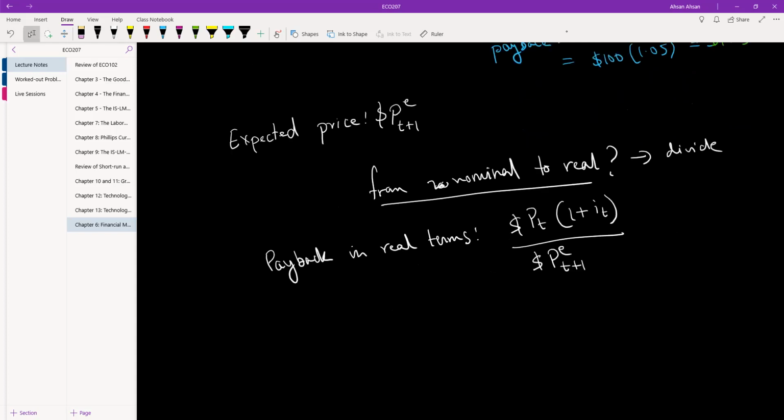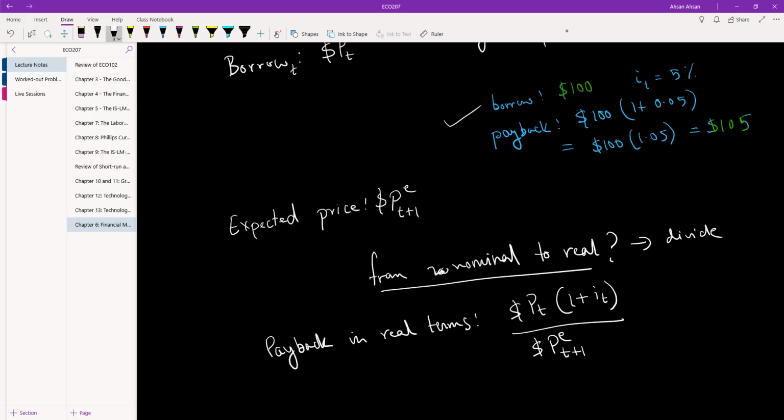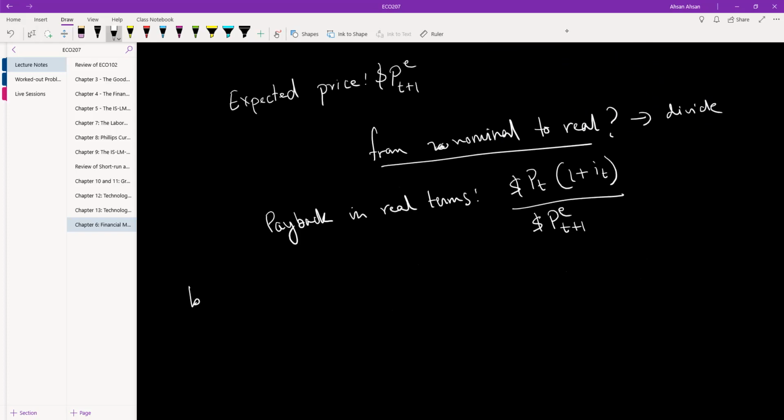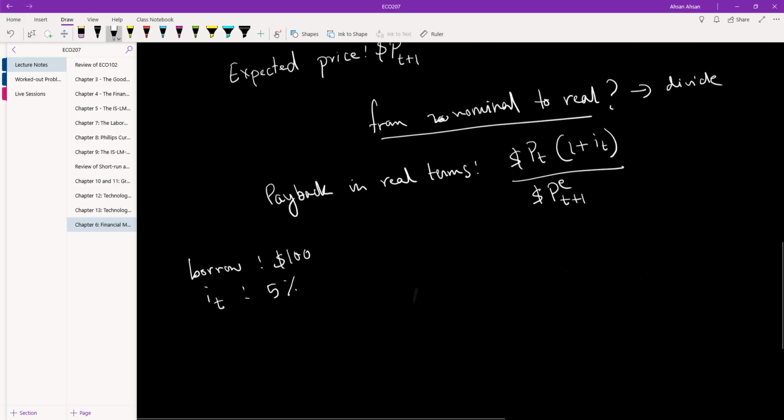Let me explain this a bit more with examples. So let's bring this example again. So we are borrowing $100. Interest is 5%.